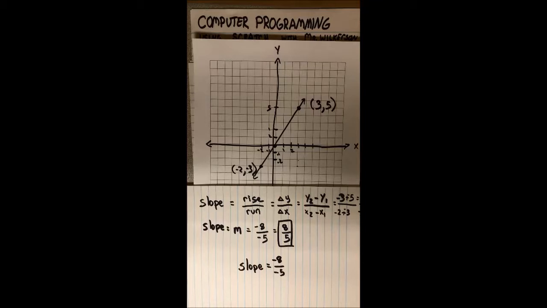So let's move to the computer and let's write some code that's going to help us find the slope. The next step in writing some code that will be able to return the equation of our line. Okay? So let's move over.